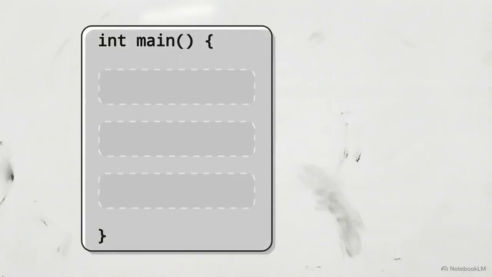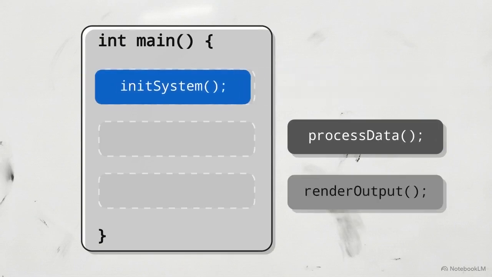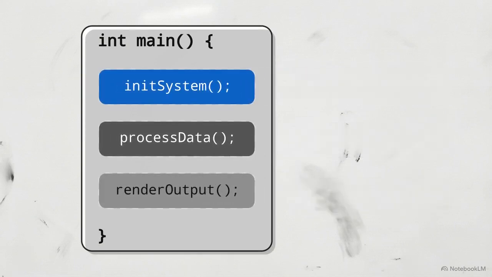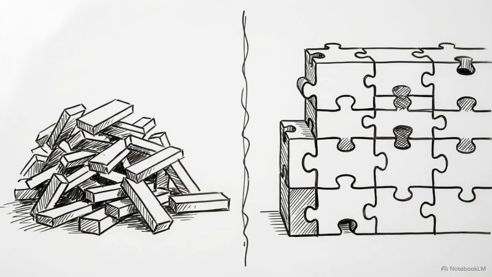What remains is a primary control script that is almost completely empty of raw logic. It simply calls these reusable units exactly when their specialized action is required. Subroutines take a fragile, linear tower of instructions and turn it into a highly resilient puzzle of interlocking, isolated logic.